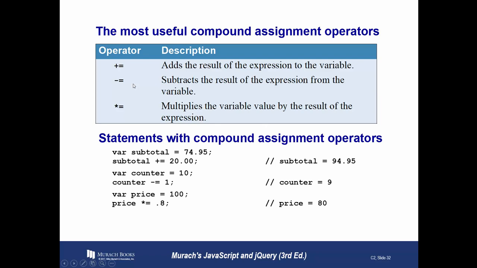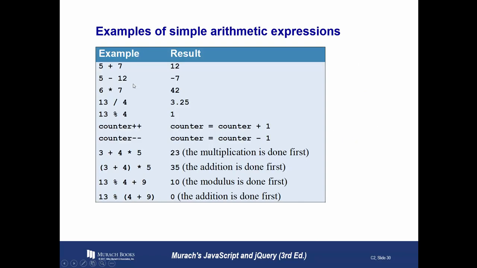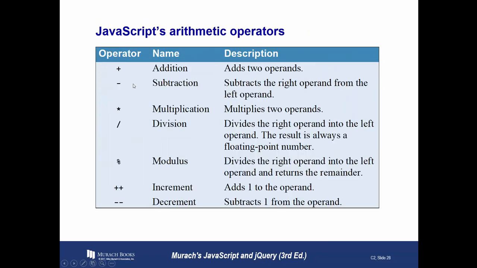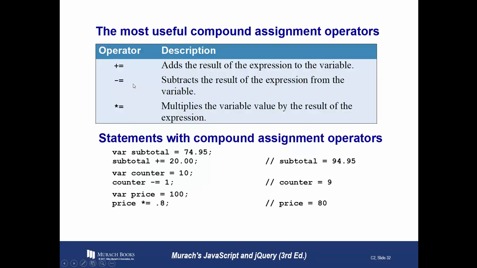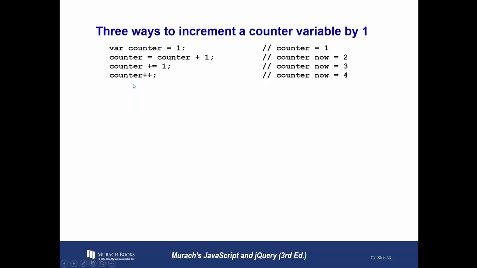These are called the assignment or compound assignment operators. There's plus equals, there's minus equals, there's times equals, there's also divide equals and modulo equals. It's a shortcut. To say subtotal plus equals 20 is a shortcut for saying subtotal equals subtotal plus 20.